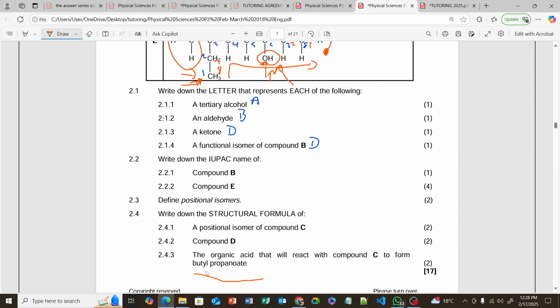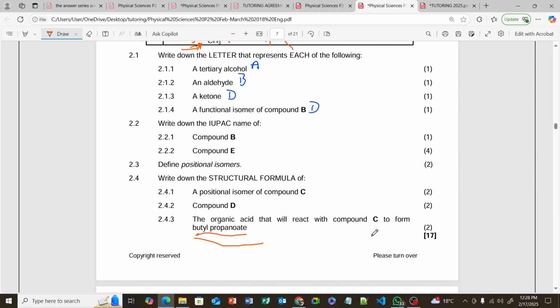So this molecule here that they are talking about is an ester. An ester is made up of 2 parts: an alcohol plus the acid, which is the carboxylic acid. So this part here is the alcohol, then this is the acid.